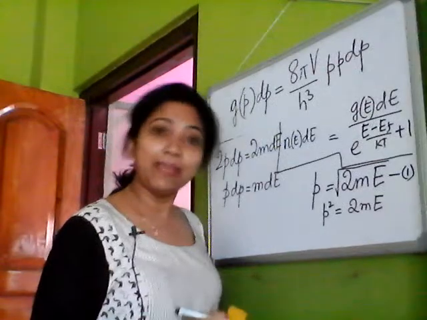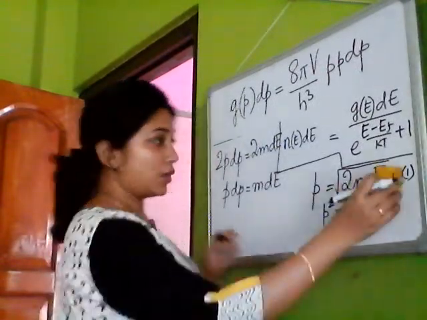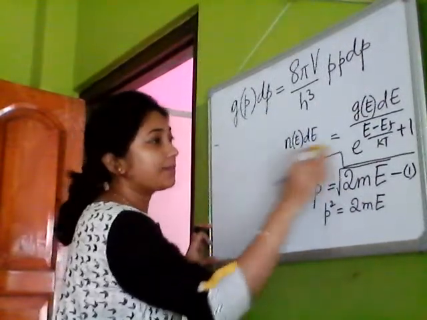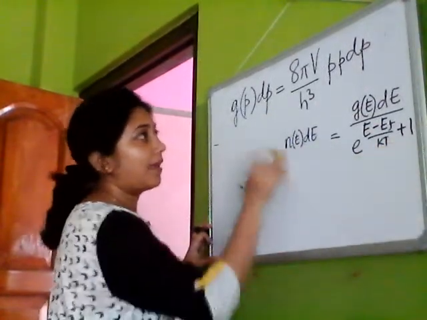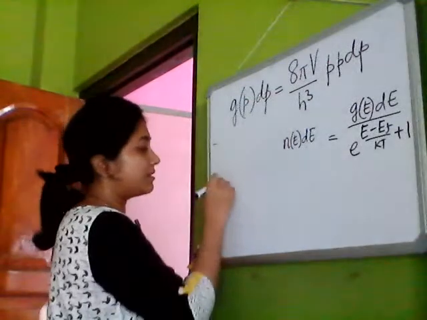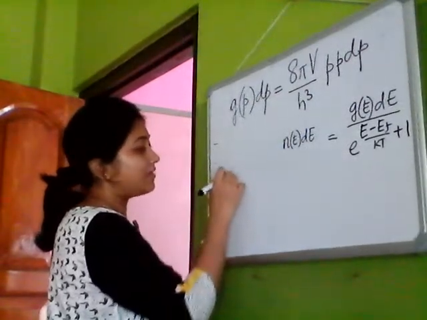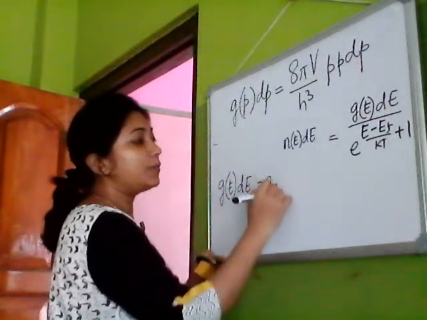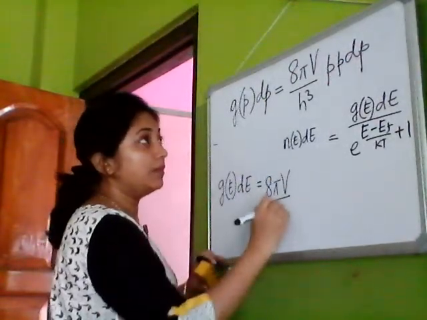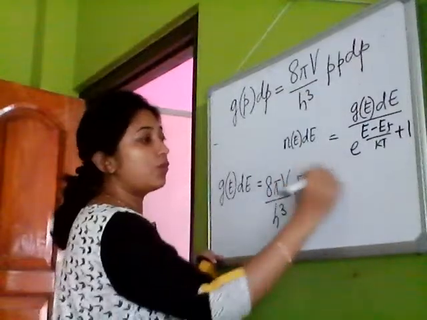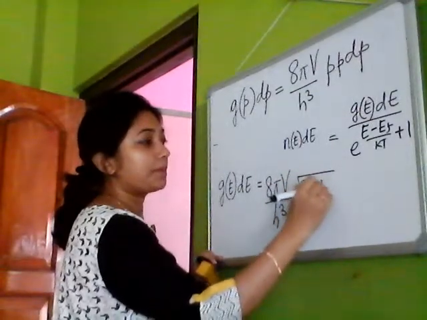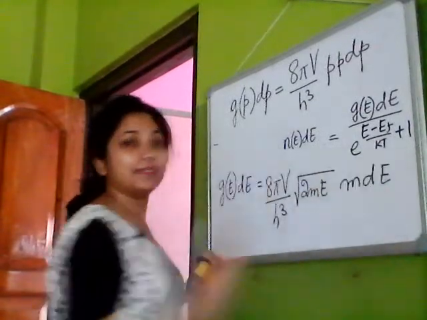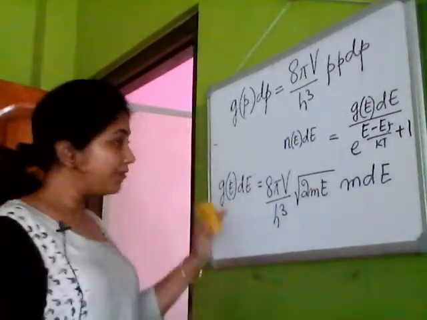So that will be our final answer. So what can I write now? Instead of GPDP, now I have GEDE is equal to 8 pi V by H cube, P is root over 2mE, P dP is m dE. So that is my value of GEDE.